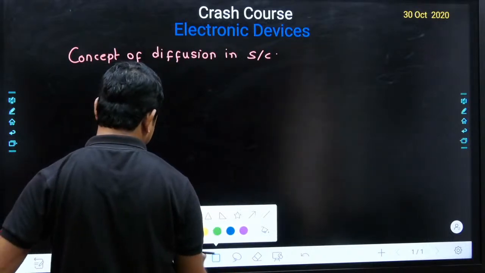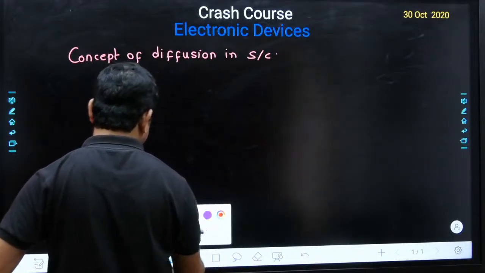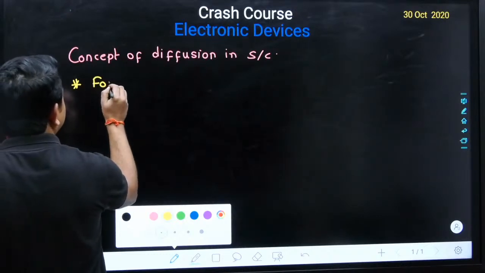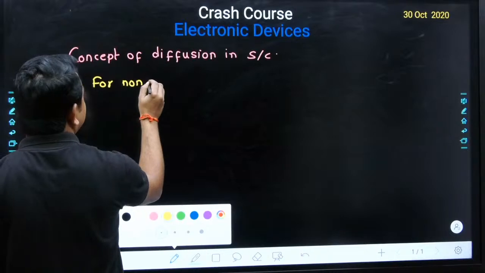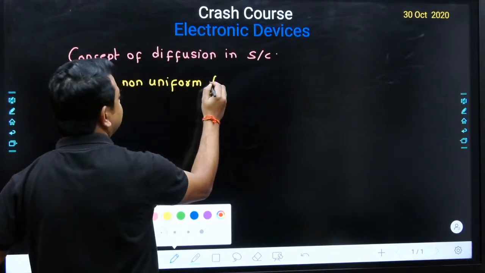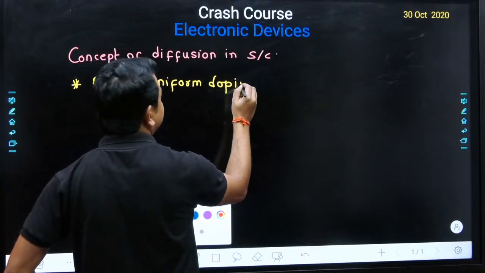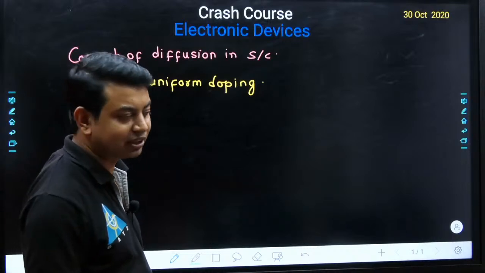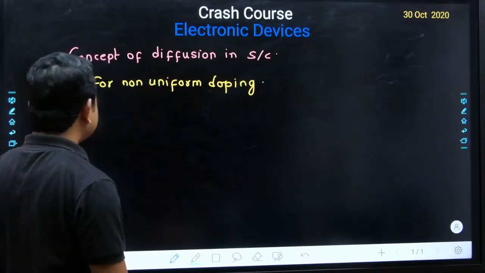The concept of diffusion starts from another terminology that is known as non-uniform doping. For non-uniform doping, we have the concept of diffusion inside a semiconductor. Okay. So what is non-uniform doping?